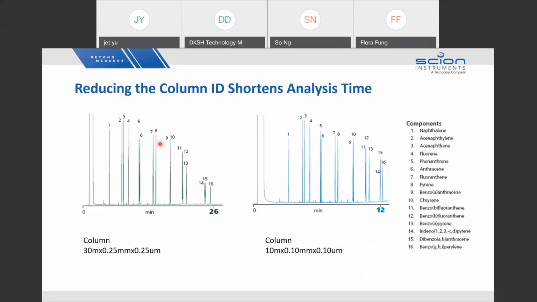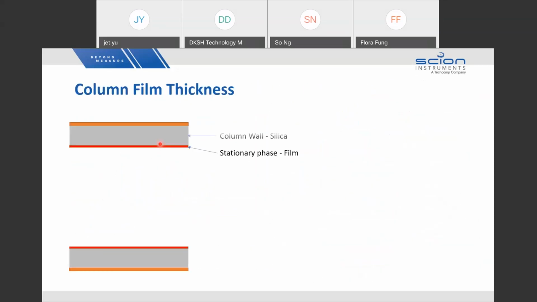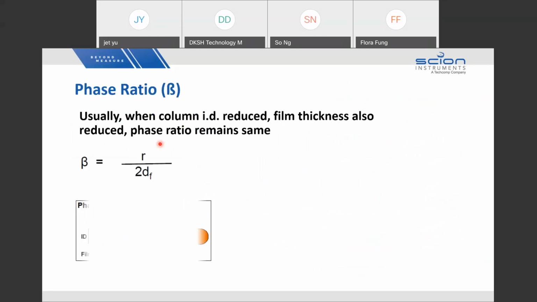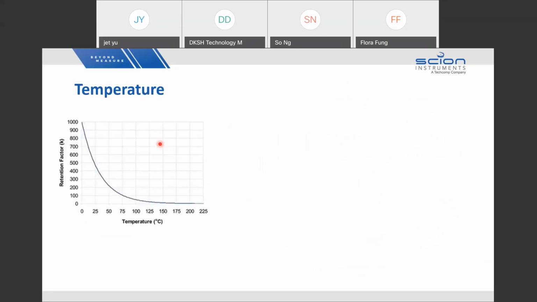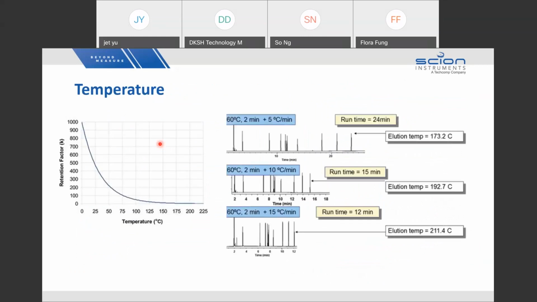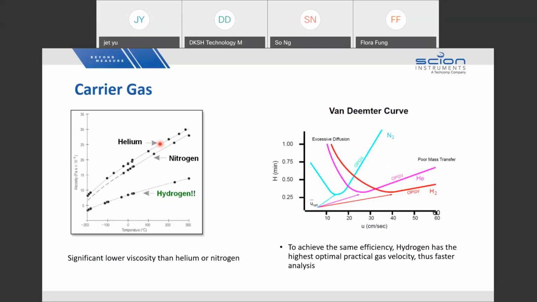Yeah, I think I more or less covered all the key factors of those principles. As I mentioned, you have to refer to these curves before you start to change your method and your conditions. This gives you some guidelines to start with.